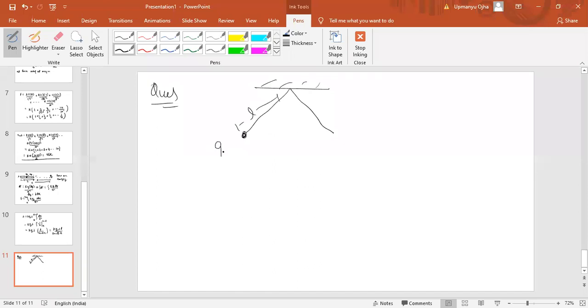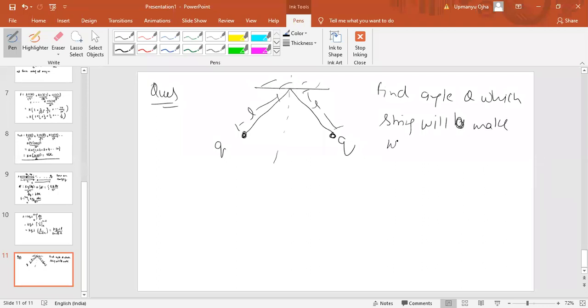We have 2 point charges Q and Q, and both strings have a length L. We need to find the angle theta which the string will make with vertical. So we need to find this angle theta.